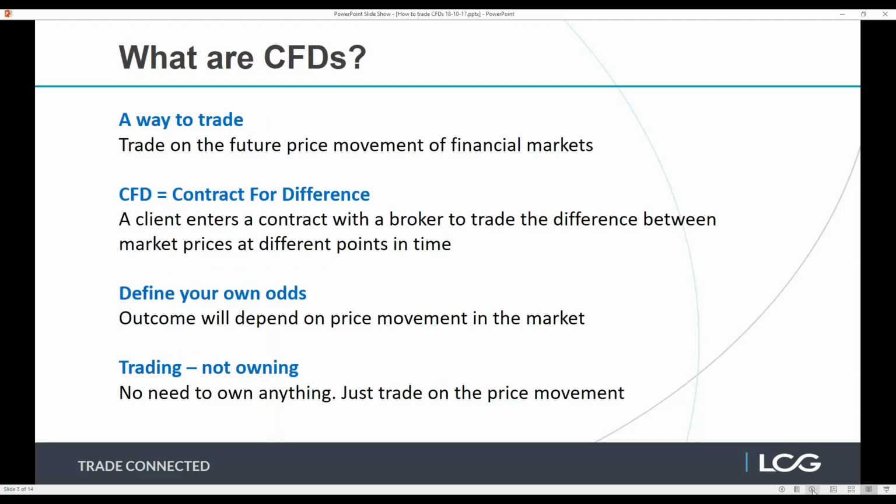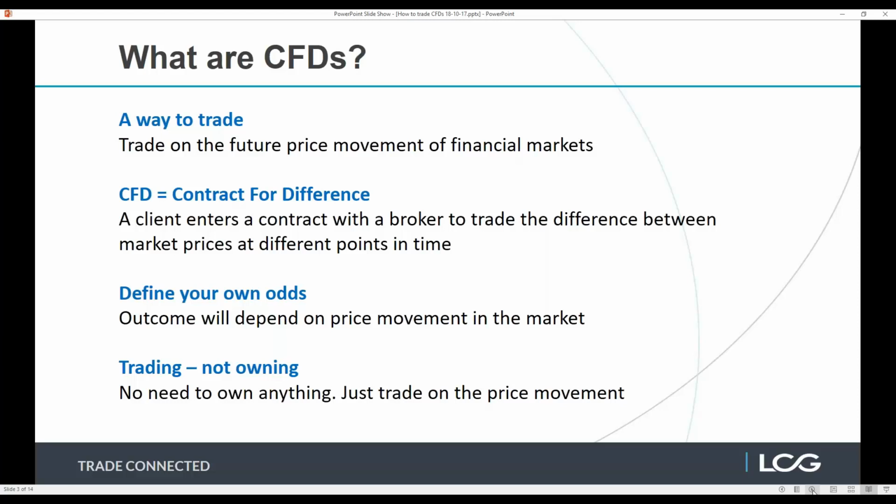So very simply, it's a way to trade on future price movement of financial markets. CFD stands for contract for difference. A client enters a contract, that's where the contract comes in, with a broker, in our case LCG, to trade the difference between market prices at different points in time.